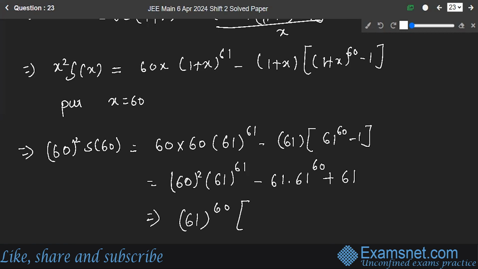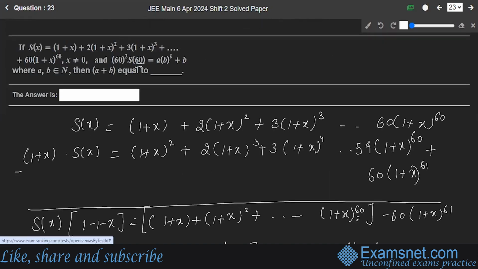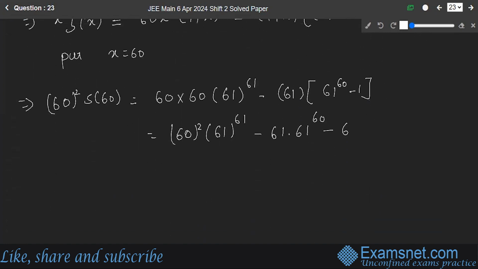I can rewrite this equation as 60 power 2, 60 power this, and this is also 60 power 60, 61 power 61, and this is minus 61.